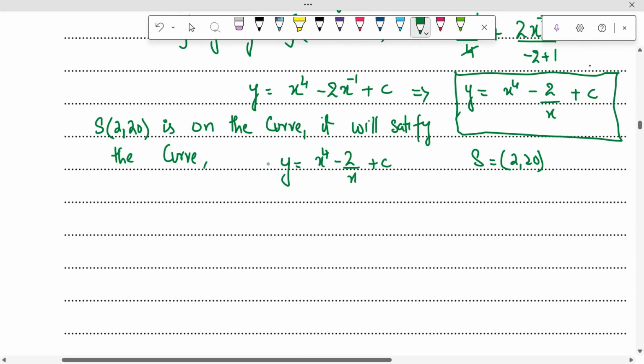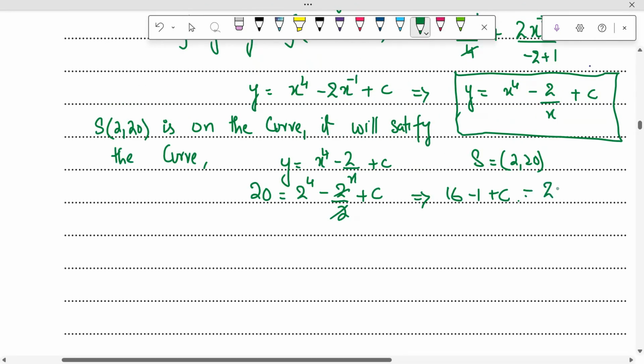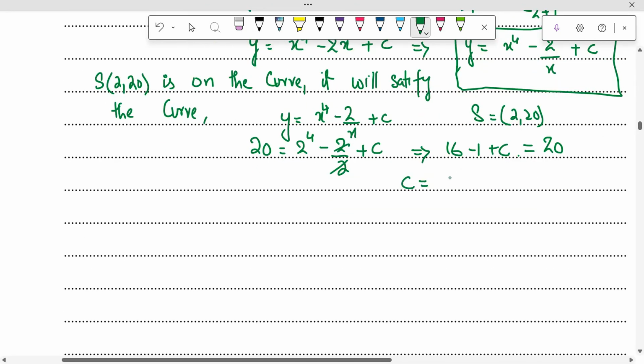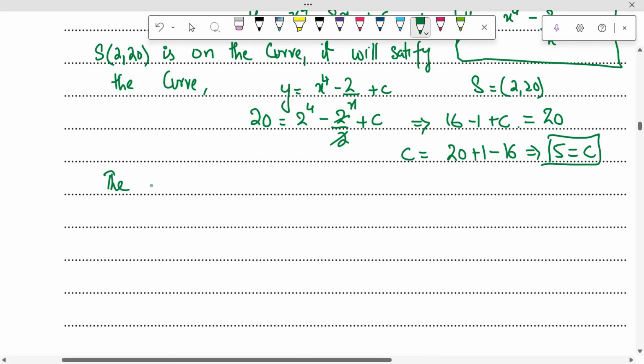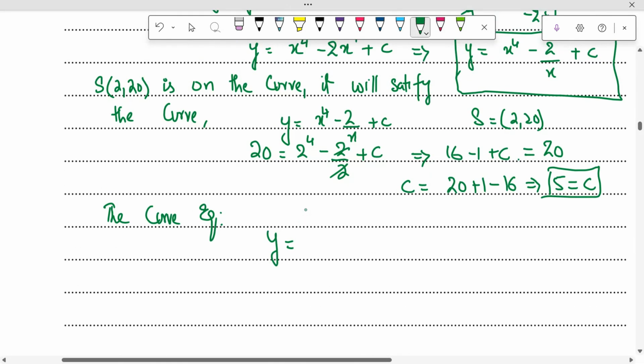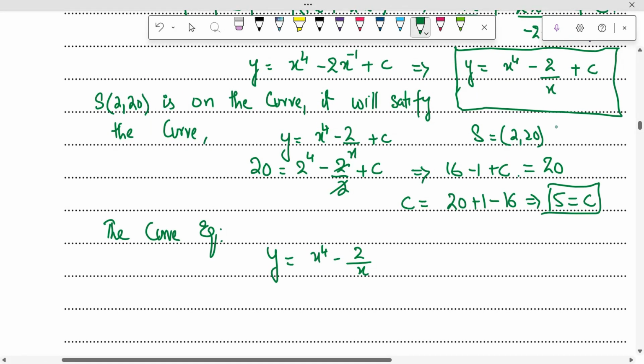Plugging in x and y, we have 20 = 2^4 - 2/2 + c, and the 2s cancel out, so 16 - 1 + c = 20, and c = 20 + 1 - 16 = 5. So c is 5. The curve equation is y = x^4 - 2/x + 5.